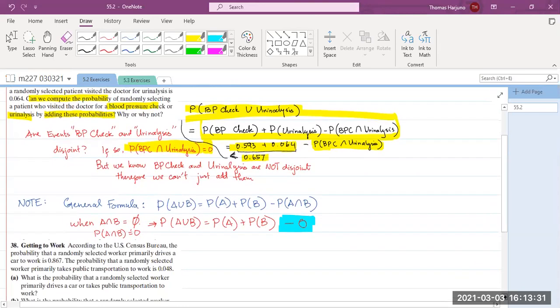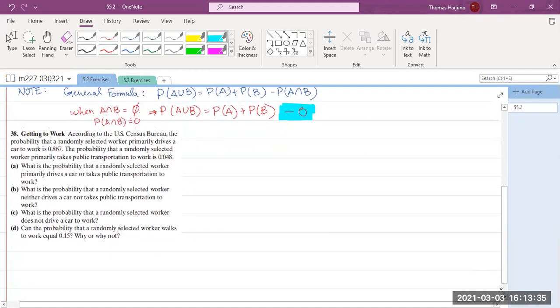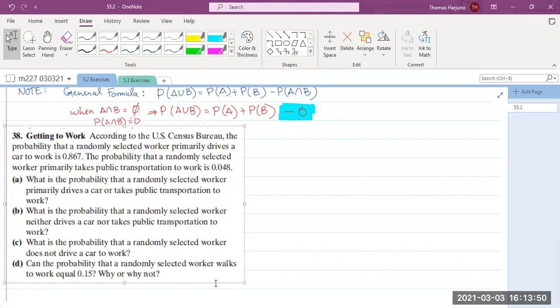Let's go on. Number 38, Getting to Work. According to the US Census Bureau, the probability that a randomly selected worker primarily drives a car to work is 0.867.